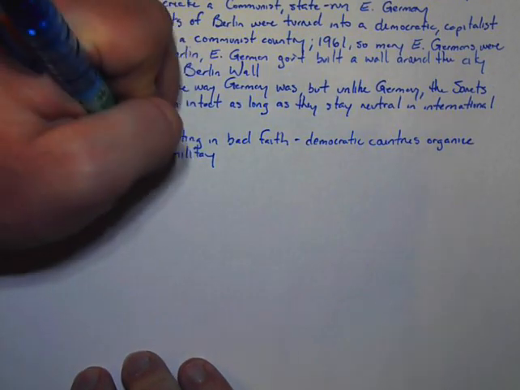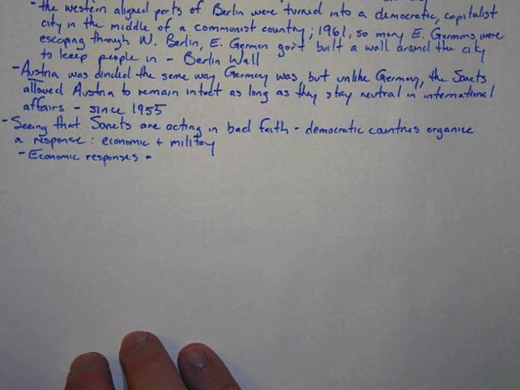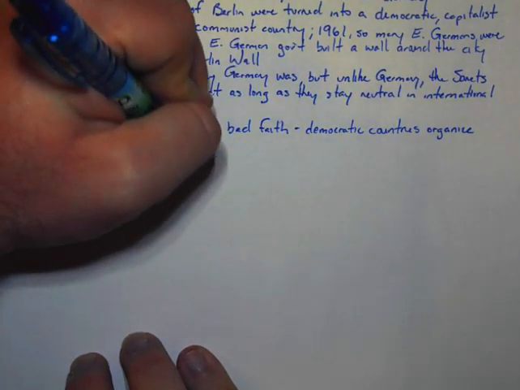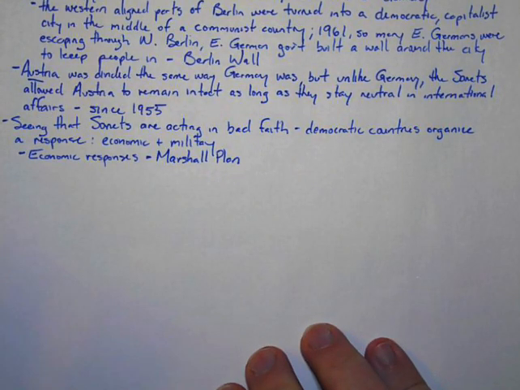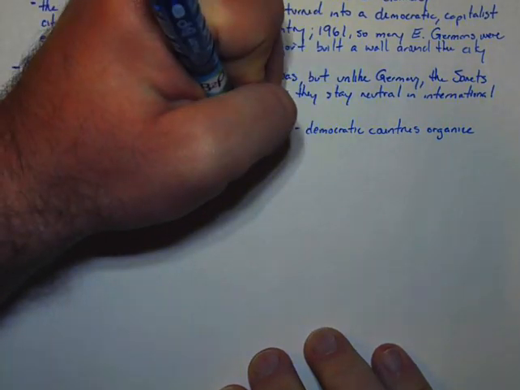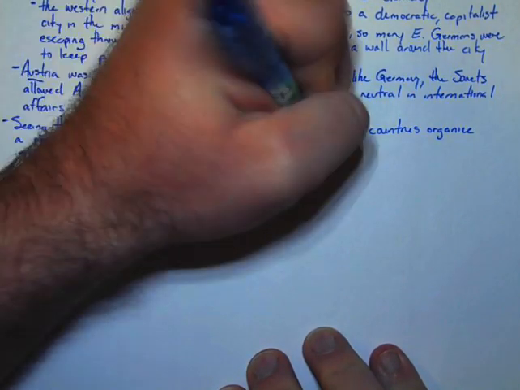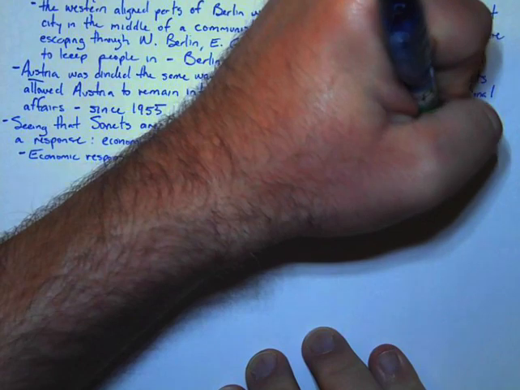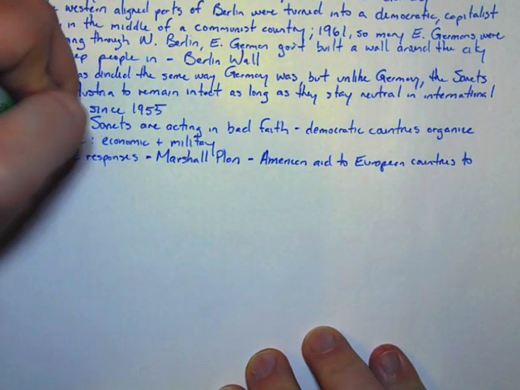So, one of the really important economic responses from Western governments to what the Soviets are doing is the Marshall Plan. The Marshall Plan is going to sound a little bit familiar because what the Marshall Plan was, was American aid to European countries to help them rebuild.